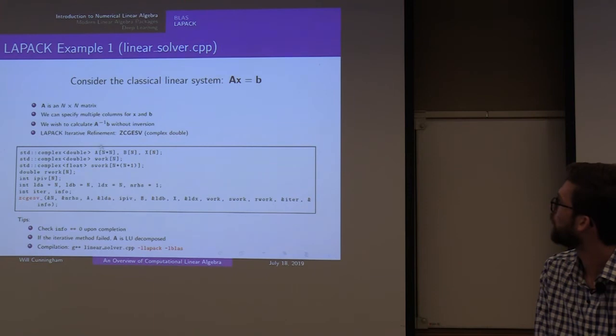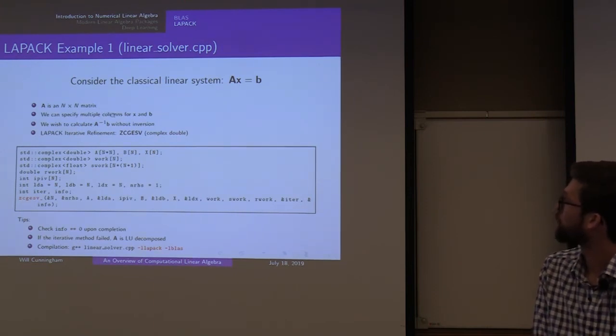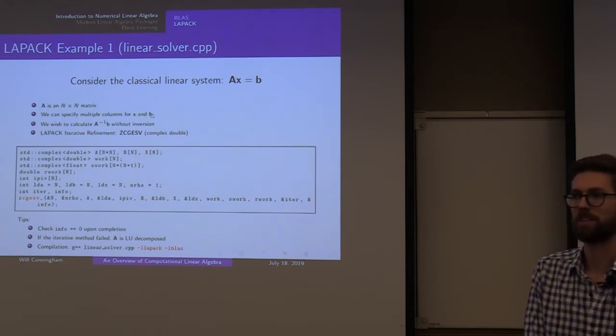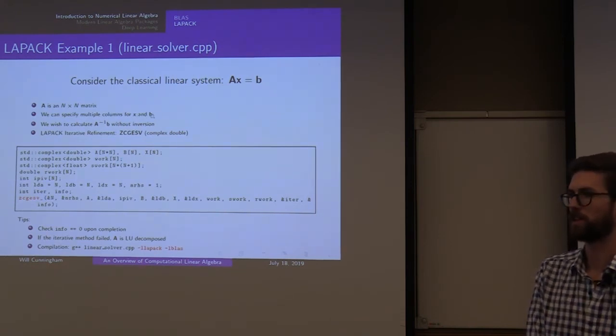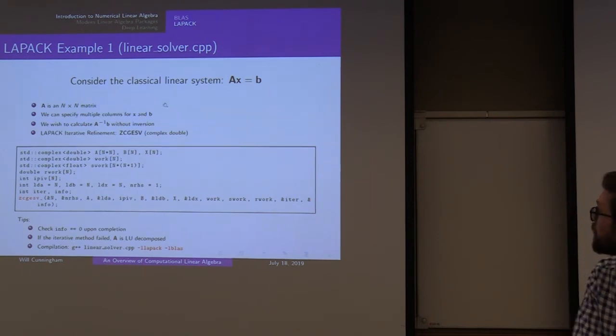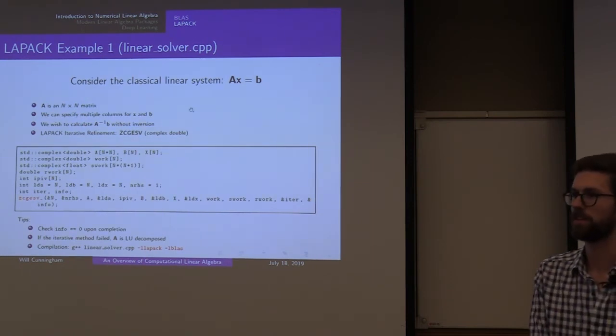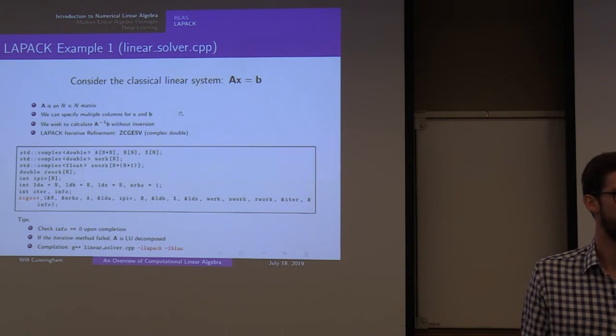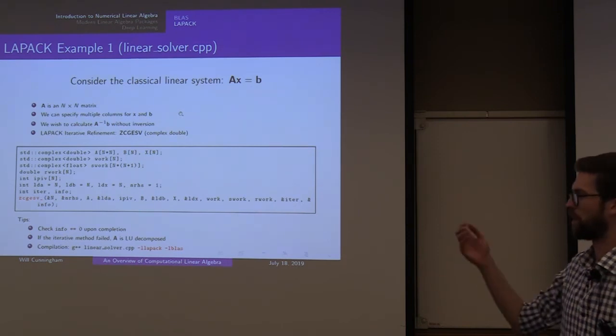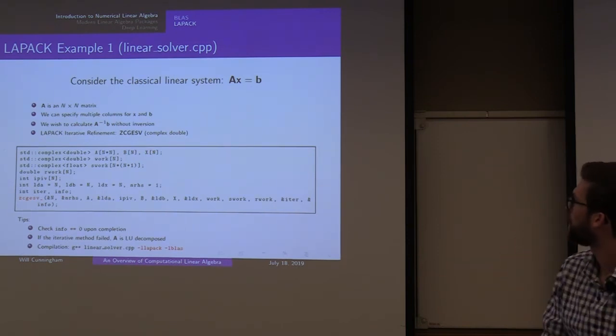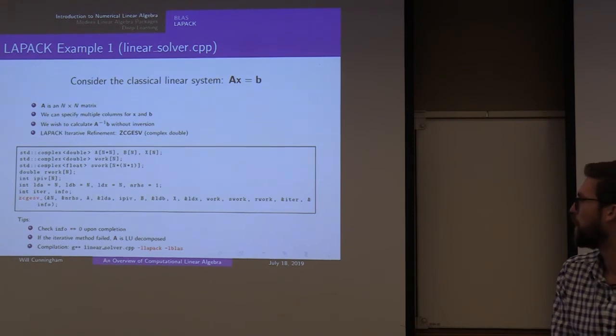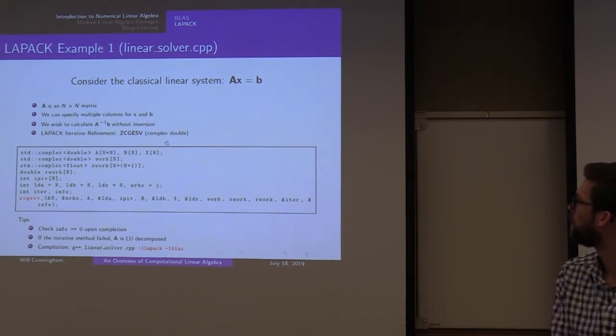You're working with an n by n matrix. You can specify multiple columns for x and b, which is not something you're necessarily used to in linear algebra. What that means is you're using this matrix A to solve multiple linear systems at once. You don't have to do that. For the example I just showed, you wouldn't need to, but you have the ability to.